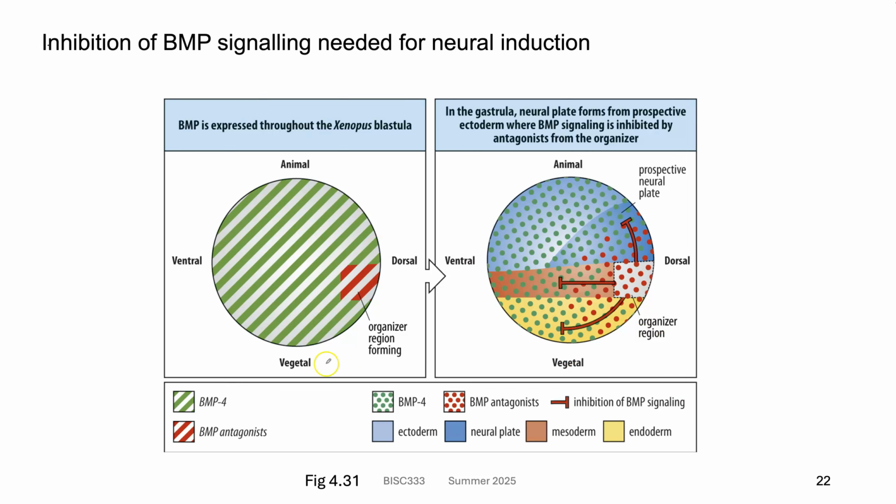And this is just a schematic that shows that. So this shows BMP4 over the entire embryo, the organizer region forming where the BMP antagonists are found. And then these antagonists are inhibiting. We've already talked about chordin inhibiting the signaling and confining BMP4 to the more ventral part of the mesoderm. This also takes place endodermally as well.